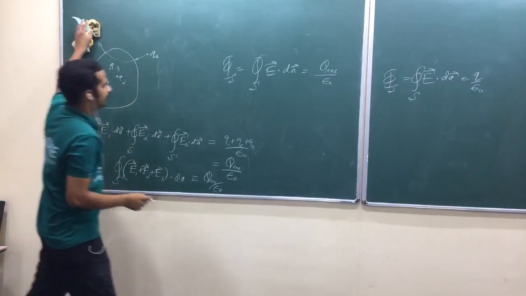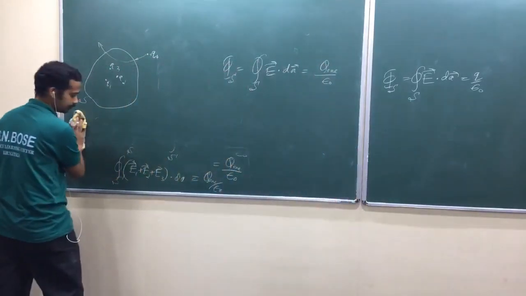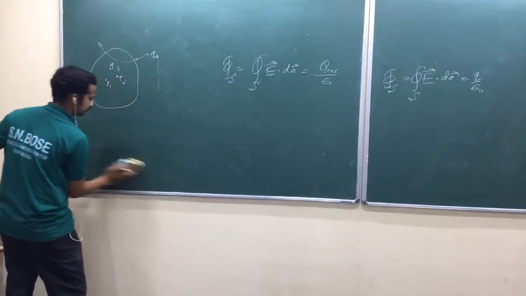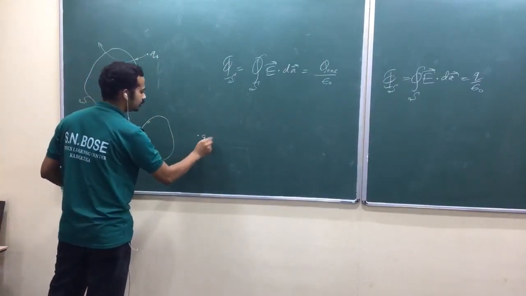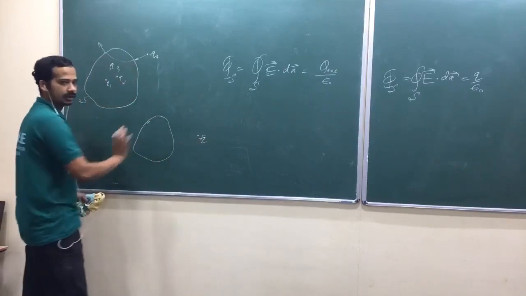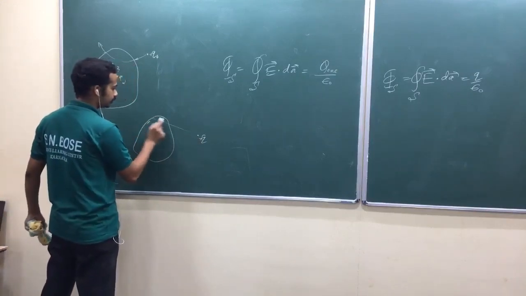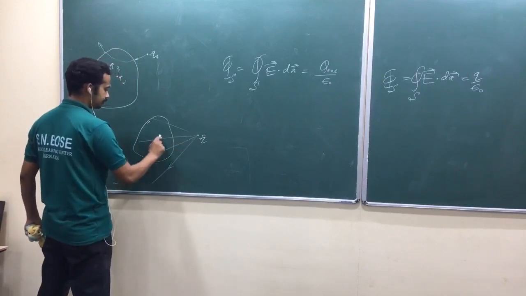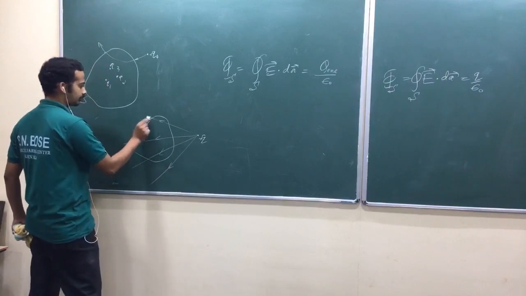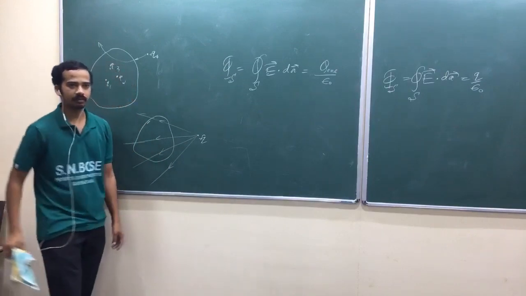Suppose if I take one more example. Shall I rub it out? So suppose let me take one closed surface. I have only one charge here, plus Q. There are no other charges inside. Then what would happen? This will produce electric field like this. What is the net flux now? Zero. Why? Electric fields are not terminating in mid-air.